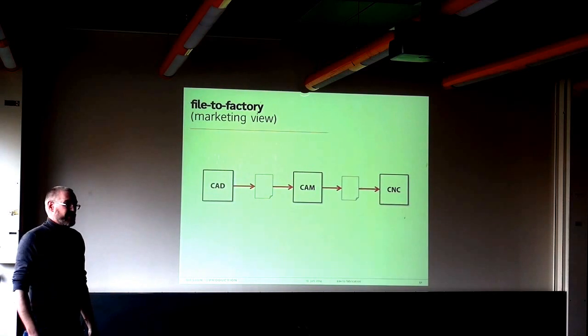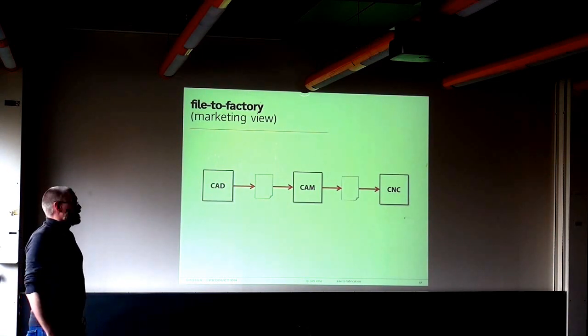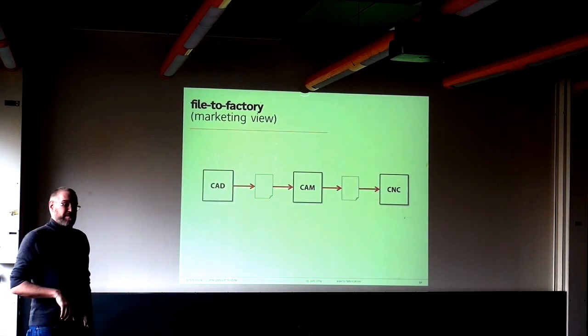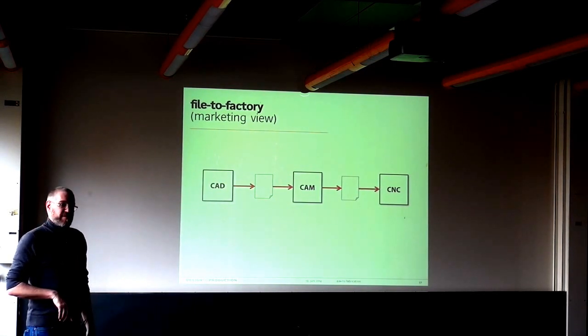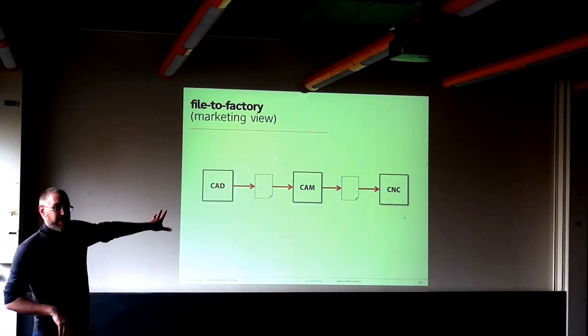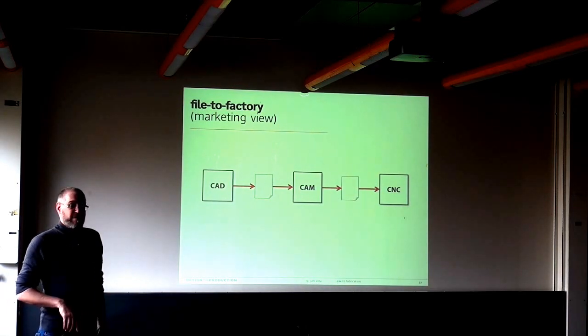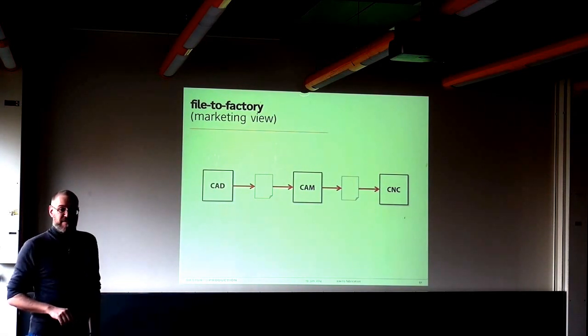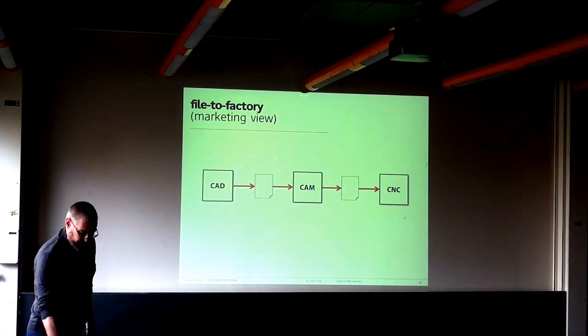If you ever tried to use one of those, you know that there's still a few loopholes that you can fall into with setting up proper STL files or proper cutting paths for a laser cutter. But it's still fairly okay. You have a CAD system, you generate whatever data you hand over to a CAM system, and the CAM system then generates whatever CNC data is needed to drive the machine.